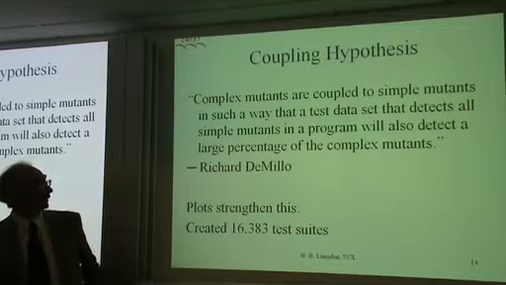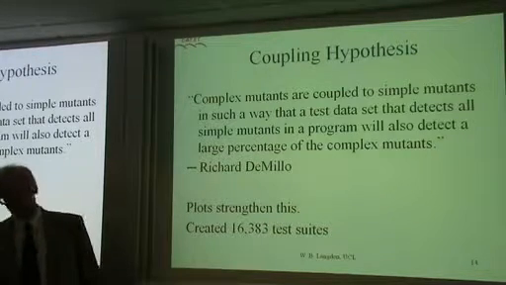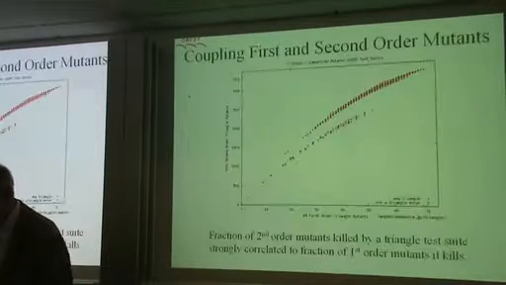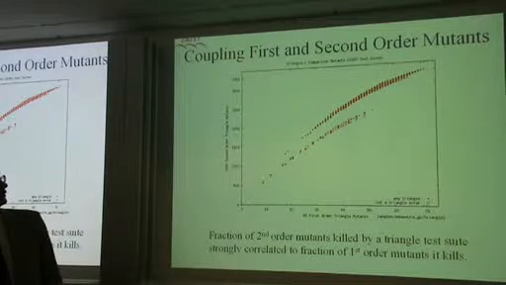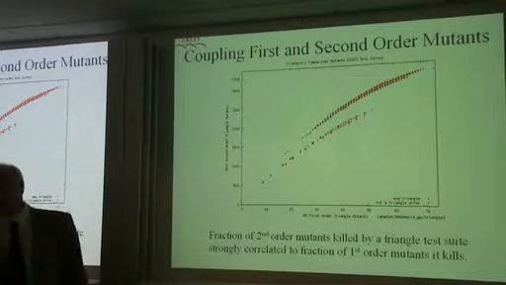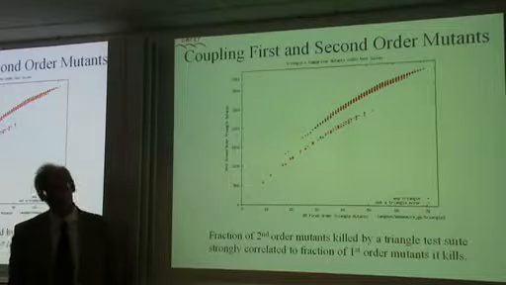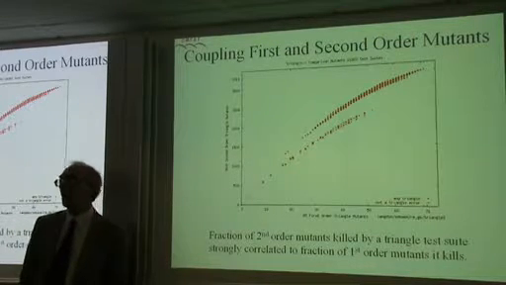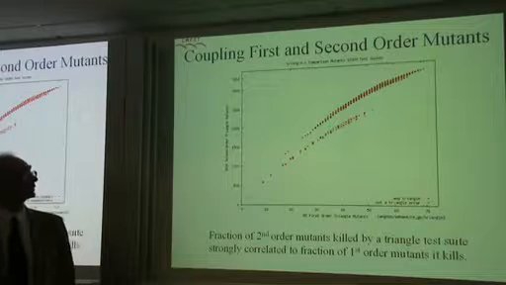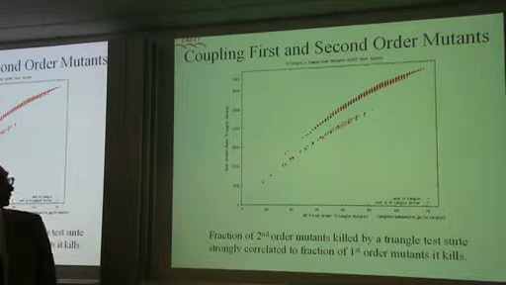Again, we treat that as meaning higher order. And what the following graph shows is not only does this seem to be true, but we can strengthen it to say that there's actually a strong correlation between how effective a test suite is against first order mutants.